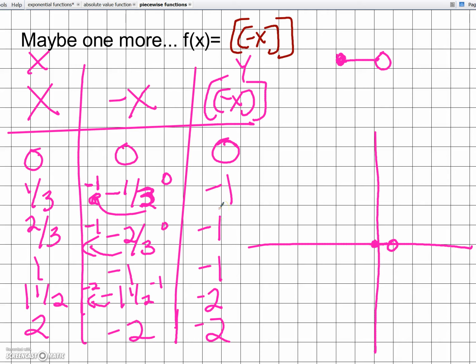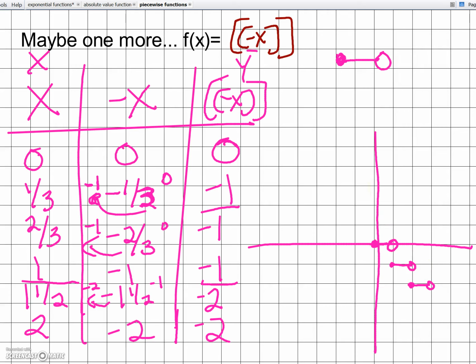Now we have negative 1. So let's go to this one: 1, -1. It would look like this. So this is going in the opposite direction, and then 2, -2, which makes sense because we have a negative number, so it would be flipped.